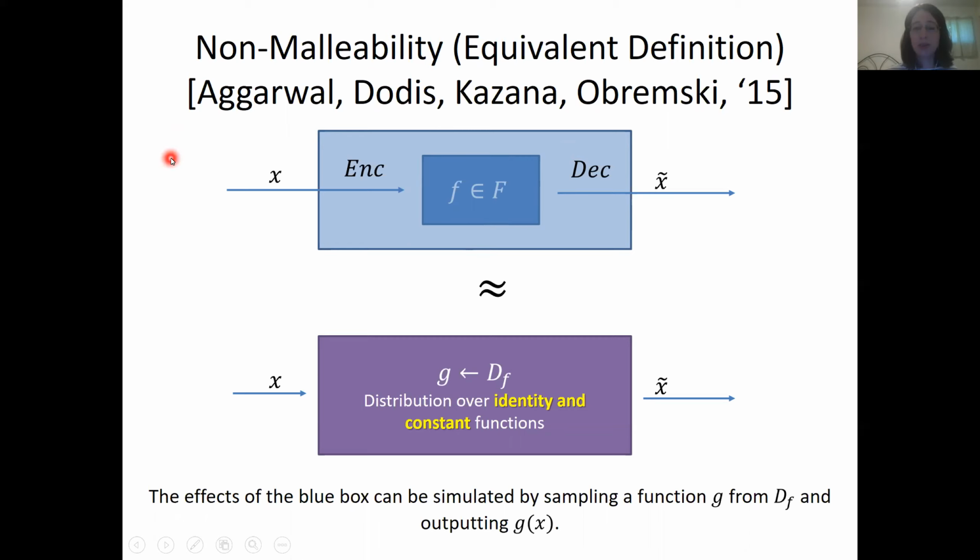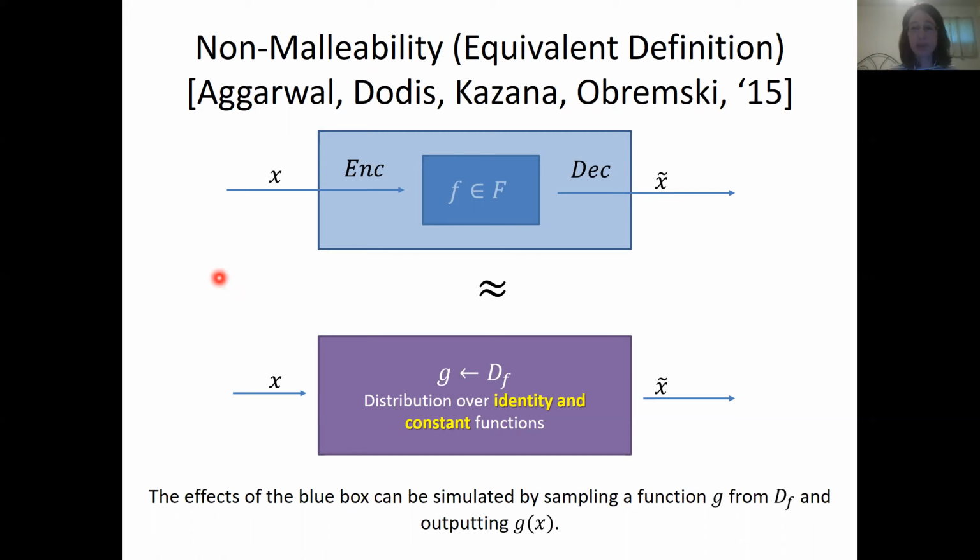And now this equivalent definition says that ENC-DEC is non-malleable if the effects of this blue box, which consists of applying enc, applying f, and applying dec, can be simulated by sampling a function little g from df, where df is a distribution over the identity and constant functions, and then outputting g of x.